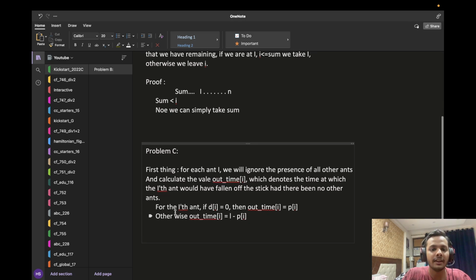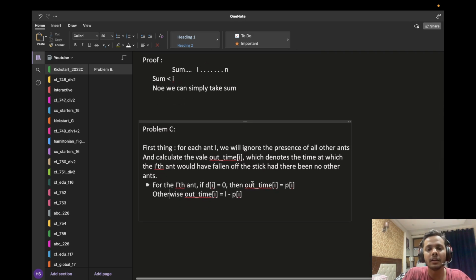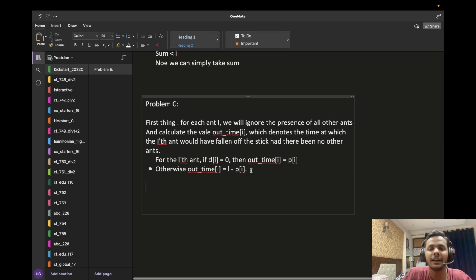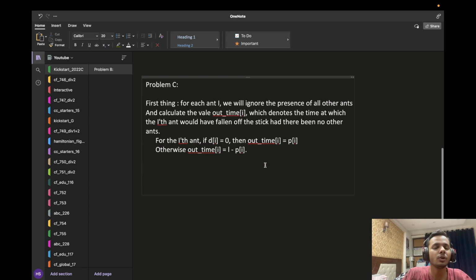So this is very simple to think about, but we are just calculating these values and we haven't talked about how exactly these values are going to help us. So just bear with me for now and just calculate these values, and now we'll make two observations and then we will combine those two observations to solve the problem.